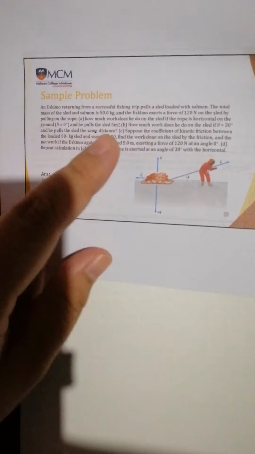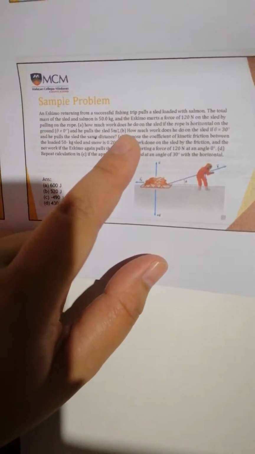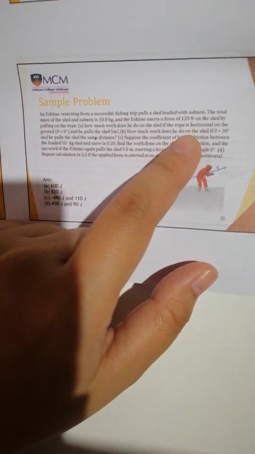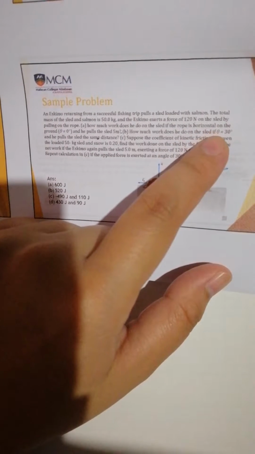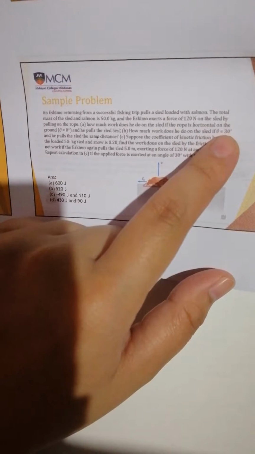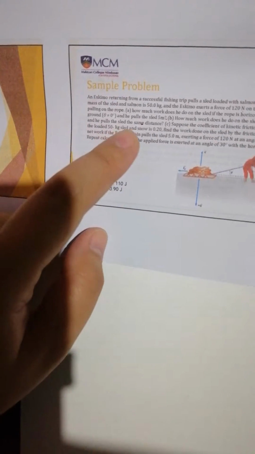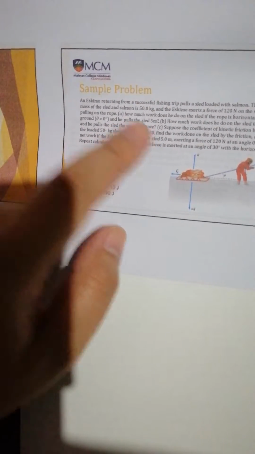Next is letter B. How much work does he do on the sled if theta is equal to 30 degrees and he pulls the sled the same distance?